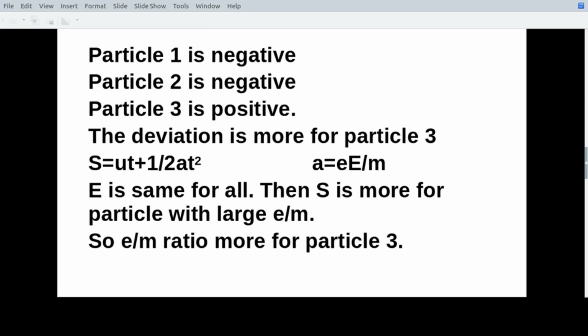So you can conclude that the particle with large E by m ratio has the highest value for displacement. And from the figure you know that particle 3 has undergone the largest deviation, large displacement. So acceleration must be large for particle 3 and therefore E by m ratio is more for particle 3. Okay.